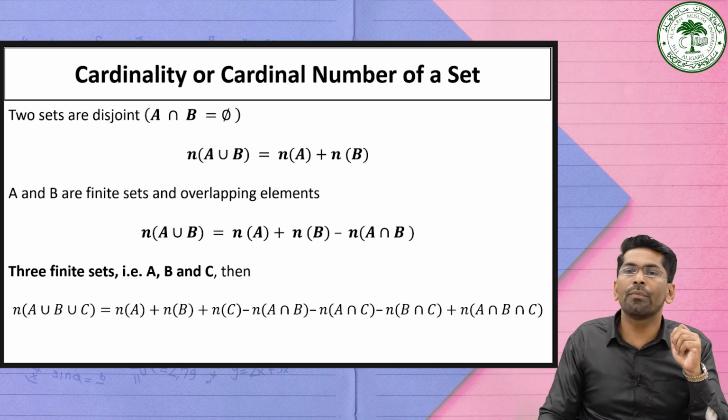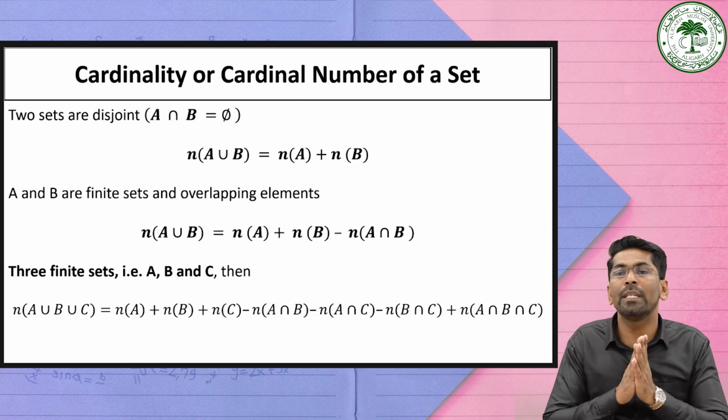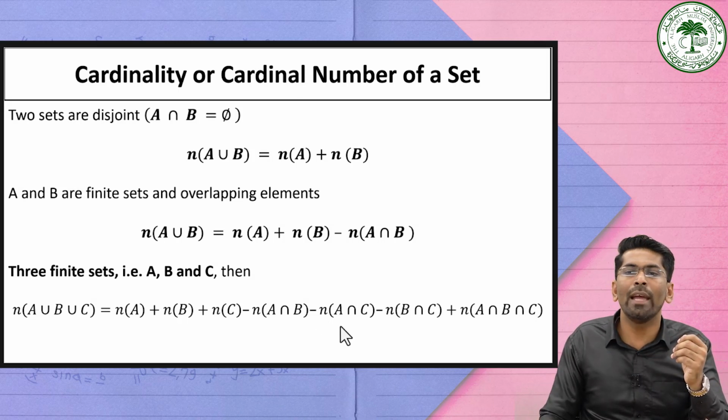Using this particular formula, we apply the inclusion and exclusion principle to the three sets. It looks too lengthy, but it is very easy to follow and remember. This formula accounts for the size of each individual set, removing the size of their pairwise intersections.